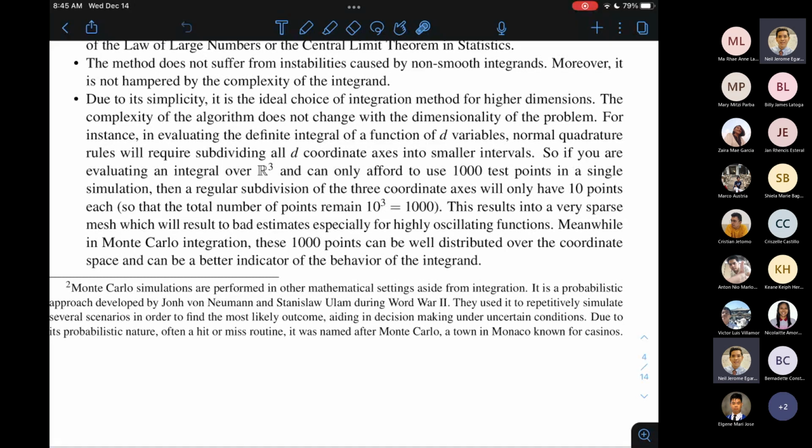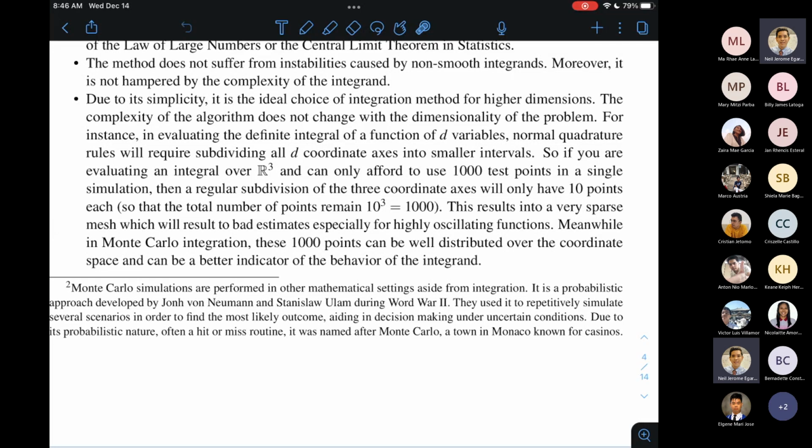Pero if you go in the higher dimensions, actually, I think I will compute later. If you are in higher dimensions, which is really what happens in application. Pag marami ng variables yung functions mo, mas maganda ng mag-Monte Carlo simulation kasi yung order of convergence ng Monte Carlo simulation will be at par with quadrature formulas kapag nasa mataas ka na dimension.